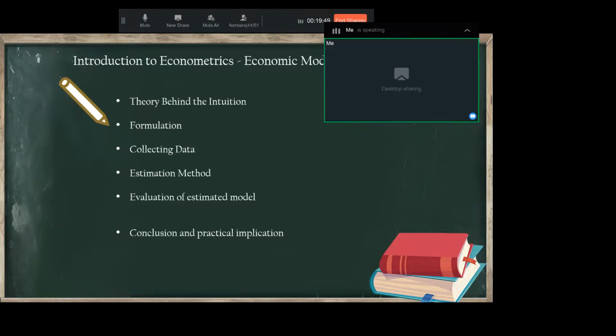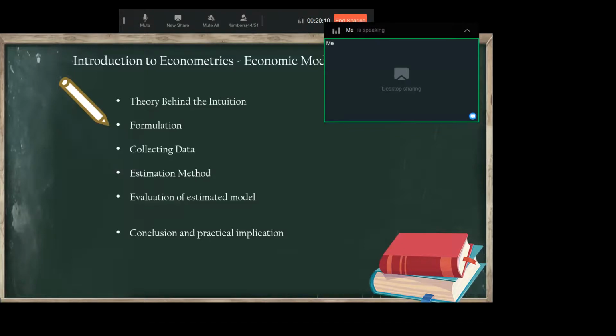But this is the time-taking step in any analysis. Theory you build based on the literature you have learned, then you formulate on the basis of that literature. After that, collecting data is the problem. It's not a hard thing, it's easy, but it's time-taking.